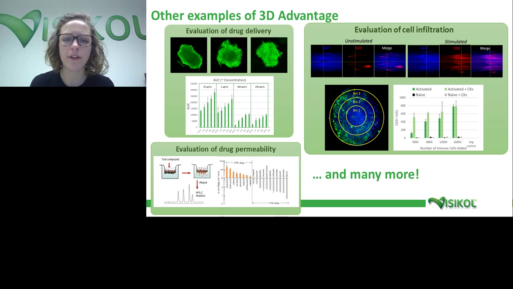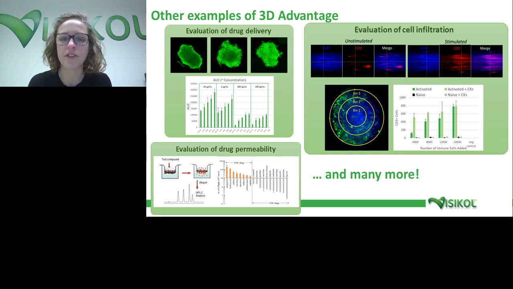Then on the right, you see evaluating cell infiltration. Very similar to evaluating drug delivery, as folks move more and more towards cellular-based approaches to treating disease or evaluating the immune component of different diseases, understanding cell infiltration, in particular immune cell infiltration, becomes an important question. So by using 3D cell culture models, we're actually able to do that.